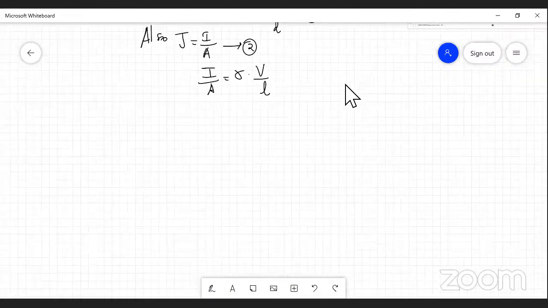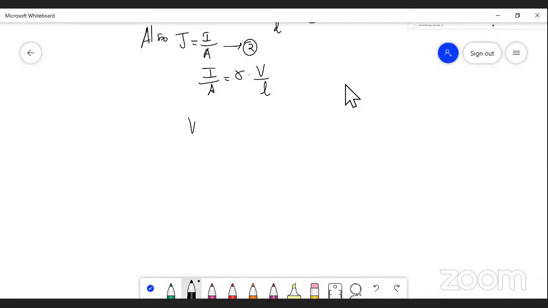We are going to bring out the relationship between V, I and R. So I can write V equals I into L divided by sigma A. This L divided by sigma A is replaced as R, a quantity called resistance.